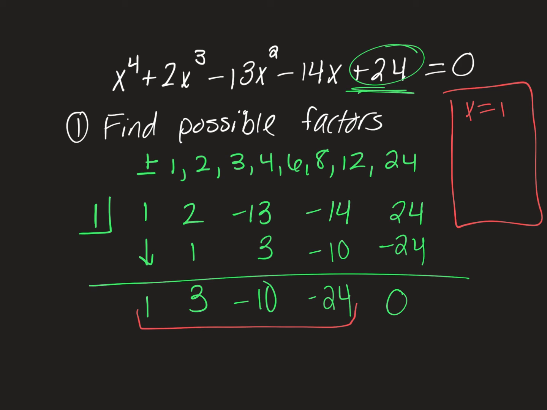So it's shortening it. Our factor list is still from 24, so I could try 2 or 3 or 6, but just do the synthetic division with this part.